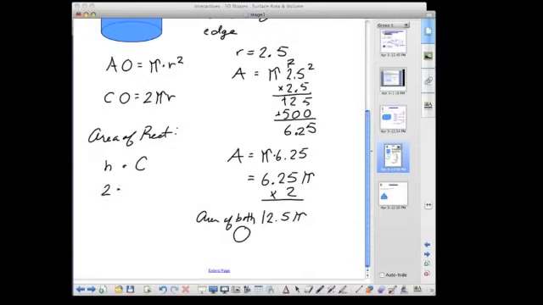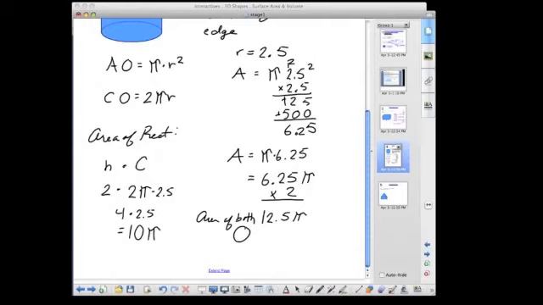The circumference is given to me as 2 times pi times r, and my radius again is 2.5. What I can do is multiply the numbers together and still keep pi. So 2 times 2 is 4. 4 times 2.5 is going to bring me to a value of 10, and then I have to include my pi, so I have 10 pi.